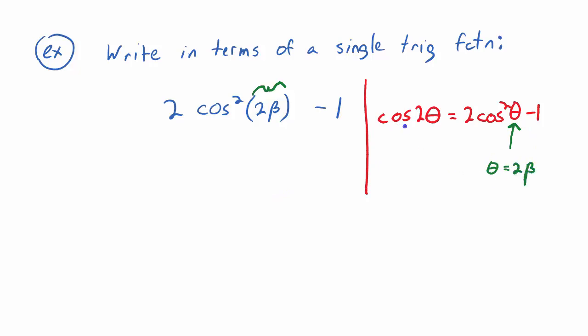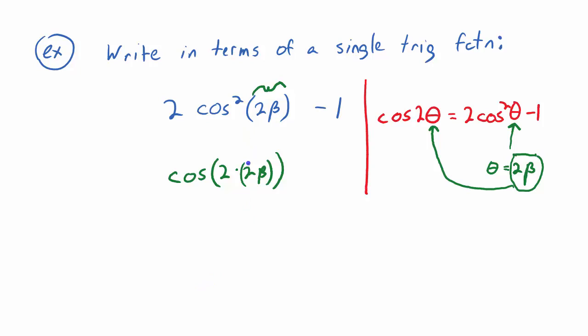And then if we actually make the substitution, we can accomplish the goal of writing the given formula as a single trig function. So I'm just going to replace theta, the left-hand side in this identity, theta, with 2 beta, and rewrite the given formula as the cosine of 2, I'll put in parentheses here, although it's optional, the cosine of 2 times 2 beta, like that.